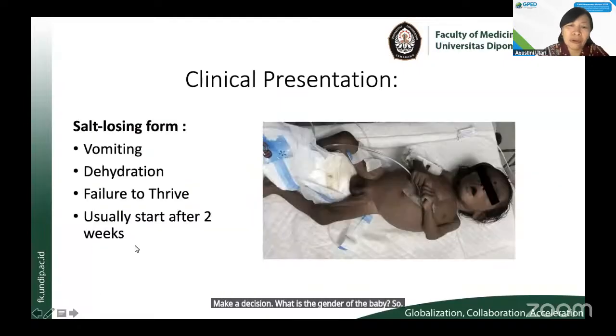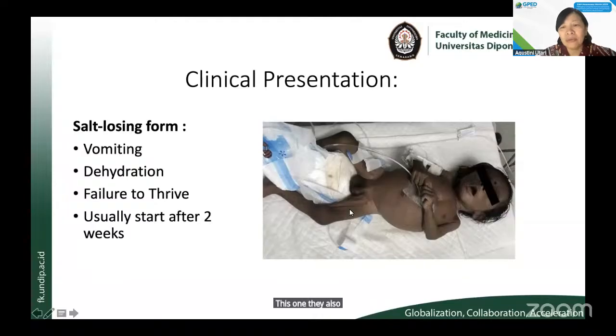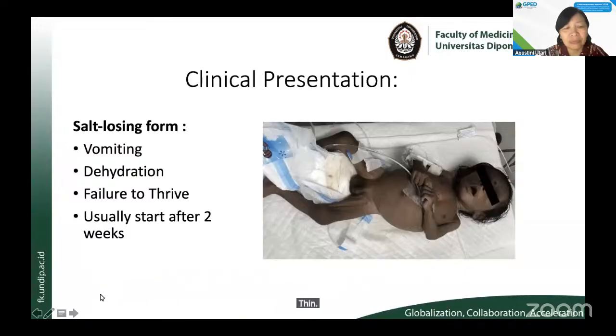For the clinical presentation, usually we will see the salt-losing form with vomiting, dehydration, and failure to thrive, usually starting after 2 weeks. This baby looks very marasmic. They have muscle wasting, baggy pants appearance, look very thin, and have marked hyperpigmentation.